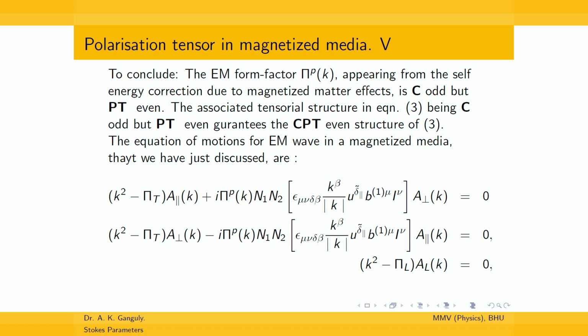So, you can see that there is an equation for the A parallel, that form factor associated with the gauge field's degree of freedom in the parallel direction, and quote unquote the way we have defined the perpendicular direction and the longitudinal direction.